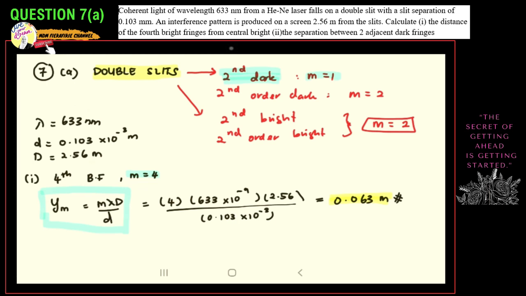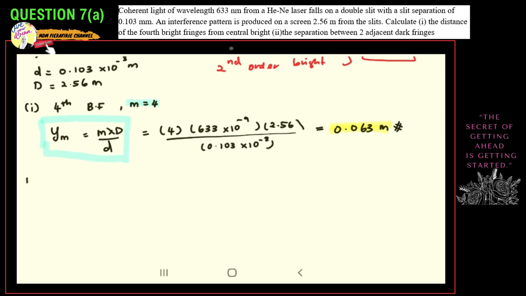Alright, so number 2, the separation between two adjacent dark fringes. Okay, so now we talk about the separation between two adjacent dark fringes. Ataupun dia kata two adjacent bright fringes.